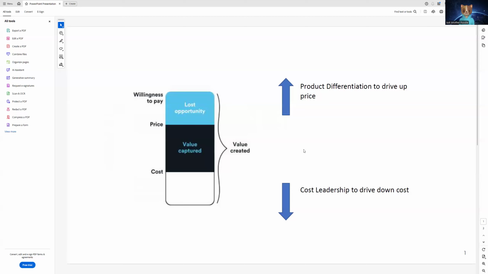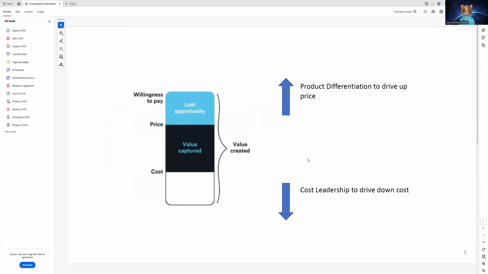You either drive down the cost so you have better value being captured, or you drive up the price towards the maximum level the customer is willing to pay, called willingness to pay. That's how you're going to generate money for the firm you're working at.